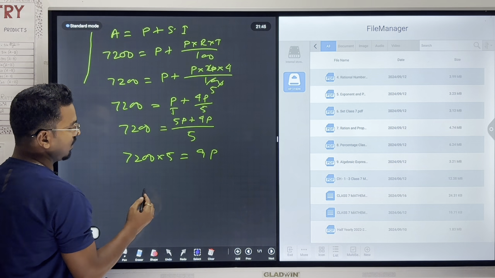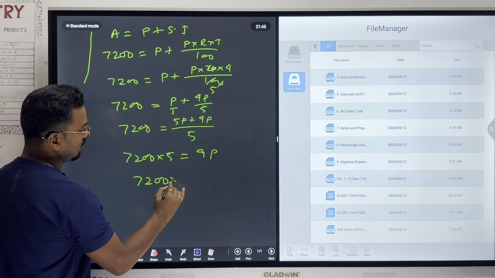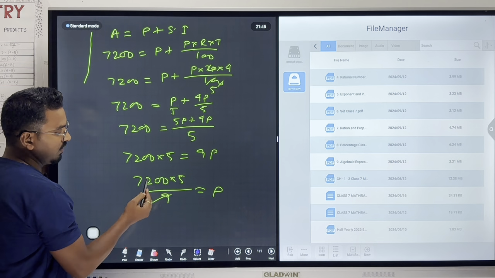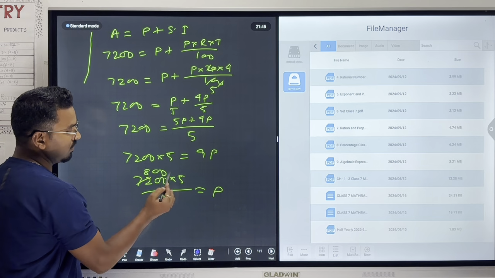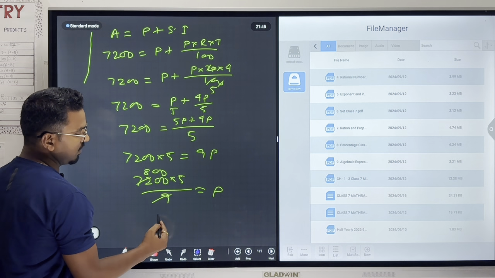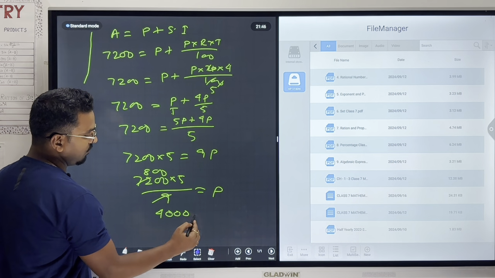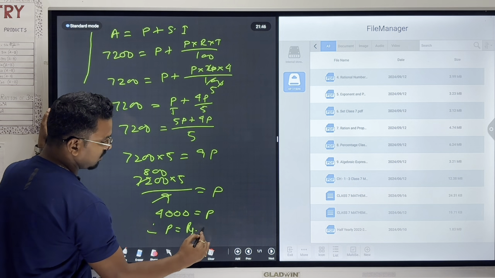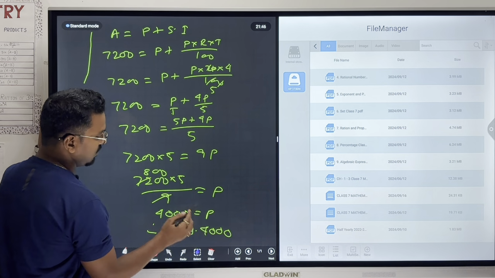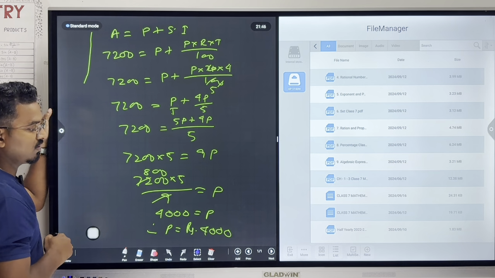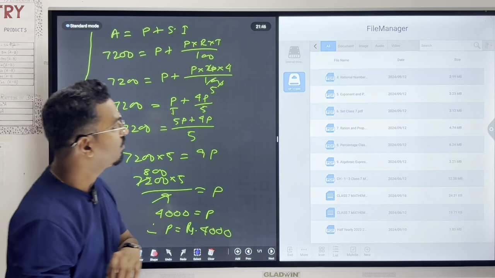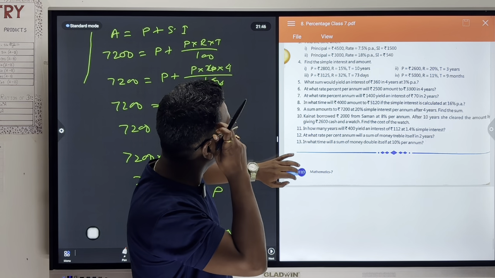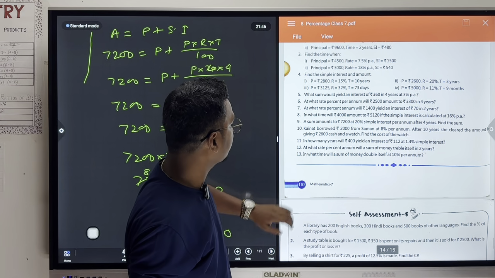So bring this 9 to the other side, 7200 into 5 divided by 9. P will be left. 9 8s are 72, and 8 5s are 40, meaning 4,000 rupees. So therefore principal equals rupees 4,000.